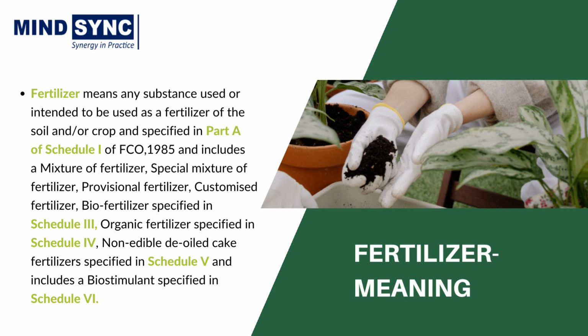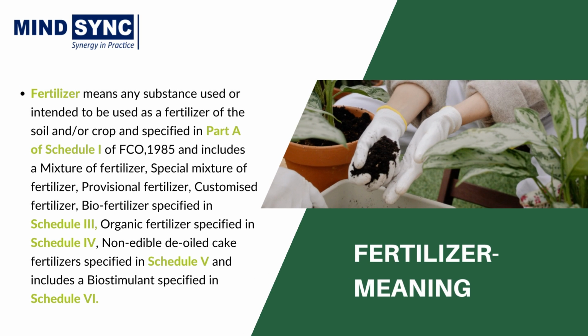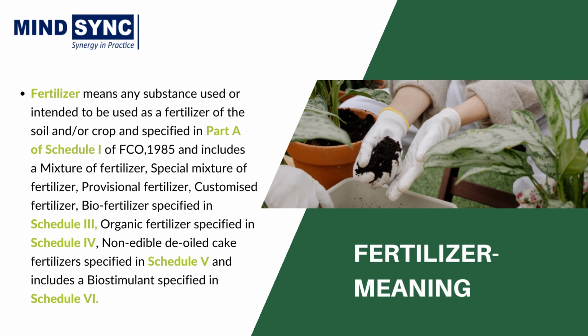First, let us know the meaning of fertilizer. A fertilizer is a chemical substance containing one or more essential plant nutrients that are currently available in adequate proportions, whether extracted or manufactured, and are intended to be used on soil or crops. Fertilizers are specified in Part A of Schedule 1 of the Fertilizer Control Order.